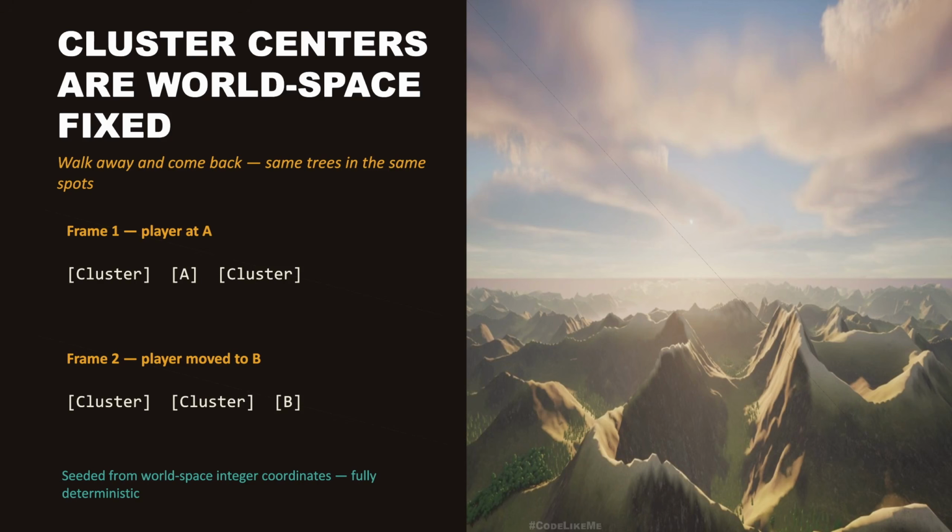And some more technical detail if you're interested. This formula is to make sure that as the player moves around and comes back, the trees are removed and respawned, but we can still make sure that everything is spawned in the same location because everything is fully deterministic.